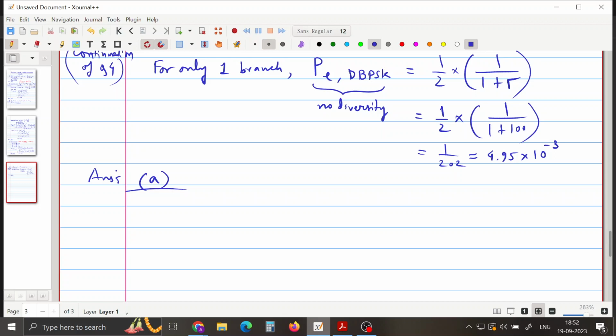In that case, diversity order was equal to your number of receiving antennas, because that problem was related to receiver diversity techniques only, like MRC, cophasing, etc., and selection combining. So in that case, diversity order is simply your number of receiving antennas, but that's not actually a proper definition, so to speak.